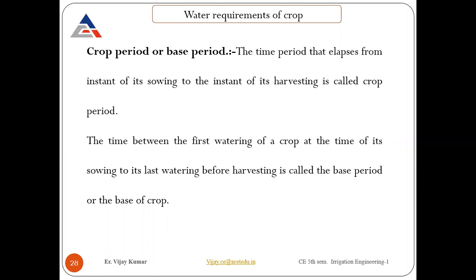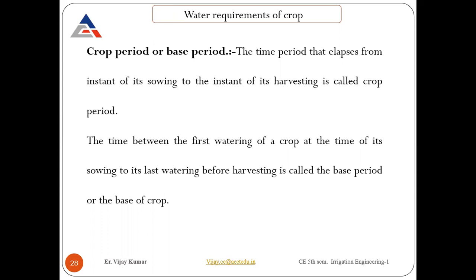And the base period is the time from first watering after sowing to the last watering before harvesting.